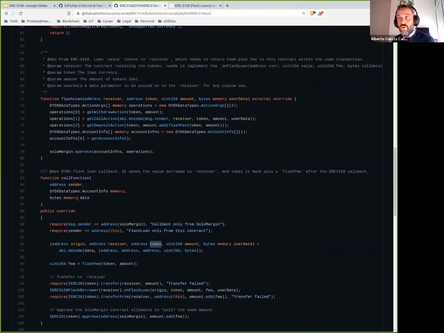So I needed to send some data to the receiver of the flash loan so that he would know what's going on, because otherwise it would just be one function: okay, someone has called this function. Now what do I do? So you need that data parameter often to basically tell the receiver of the assets what to do.